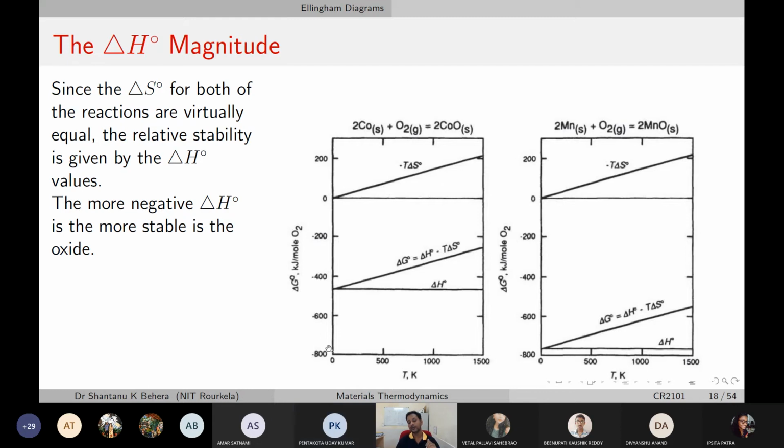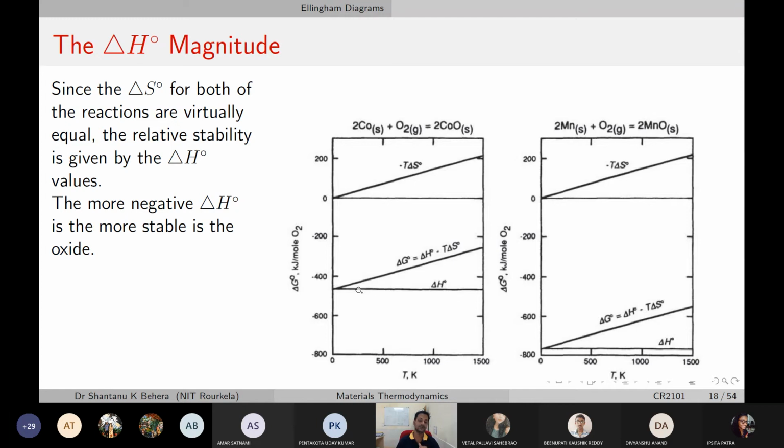So accordingly, the equilibrium partial pressure of oxygen at any temperature for manganese is going to be much lower than the equilibrium partial pressure of oxygen for the oxidation of cobalt at the same temperature. So fix the temperature and try to compare the equilibrium partial pressure of oxygen for the oxidation of cobalt and the same for oxidation of manganese.